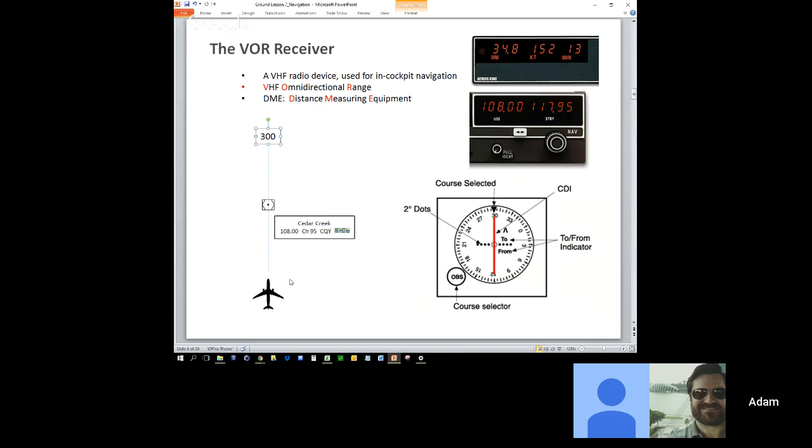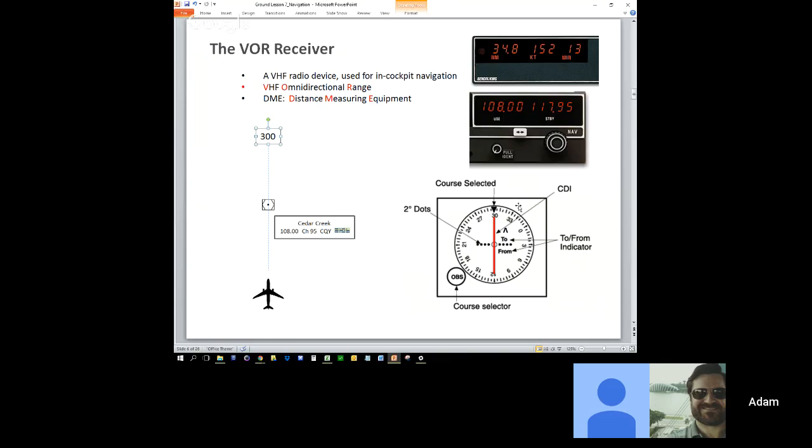And I've tuned 108.00 into my receiver up here. What the VOR gauge is going to do in the cockpit is tell me my airplane's position relative to the bearing that I have selected.